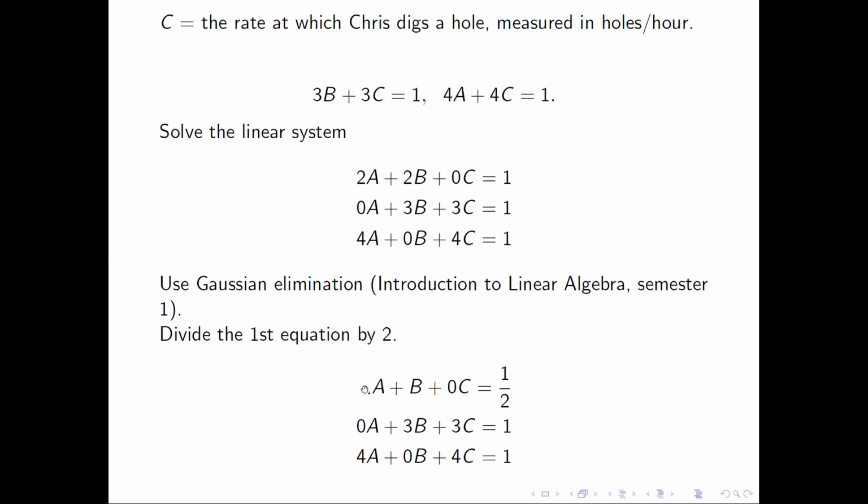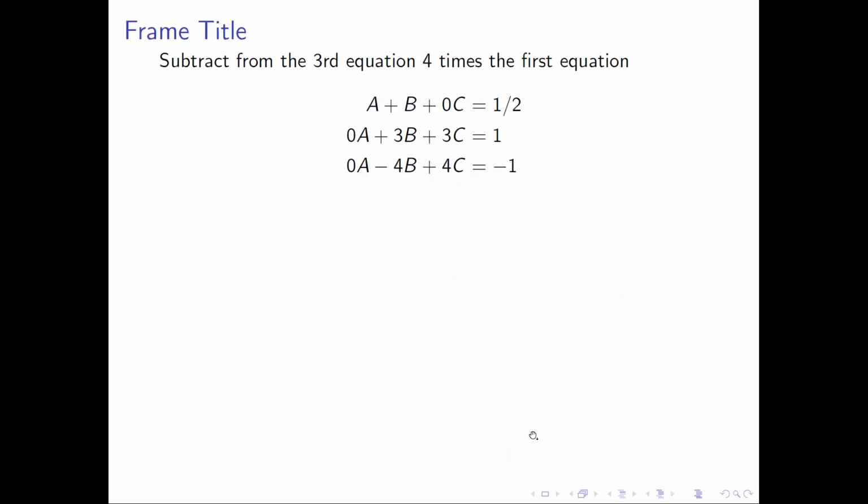So that will be 4A, and when we subtract, that term will be 0. So the last equation becomes 0 times A, so that's not really there, minus 4B plus 4C equals -1, and everything else stays the same.